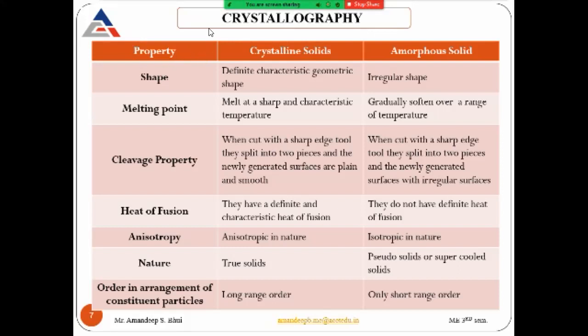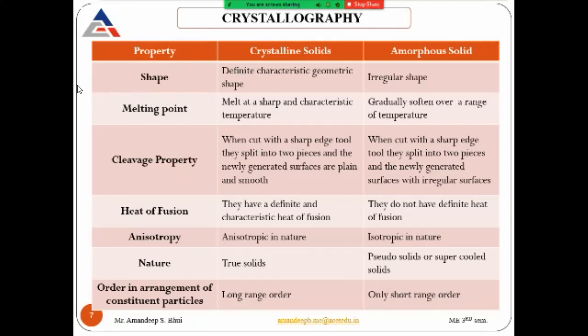Amorphous solids gradually soften over a range of temperature. So the crystalline solid turns into liquid abruptly or sharply at the predefined melting point. But in the case of amorphous solids, because the grain structure is irregular, melting takes place over a range of temperature, and it changes into liquid form slowly.